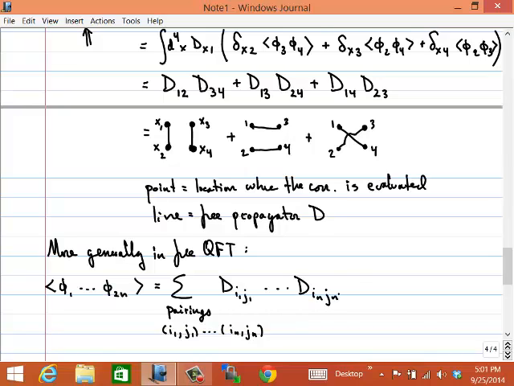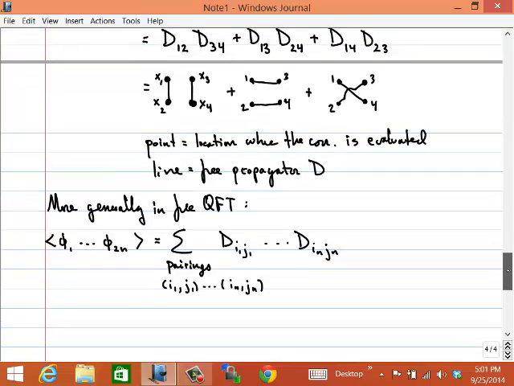Okay. So for example, in a 6-point function, you would have to consider all possible ways that these 6 different locations could be assembled together in pairs, and then for each one of them, you would write down a corresponding product of 3 free Green's functions. And so this result is known as Wick's theorem.